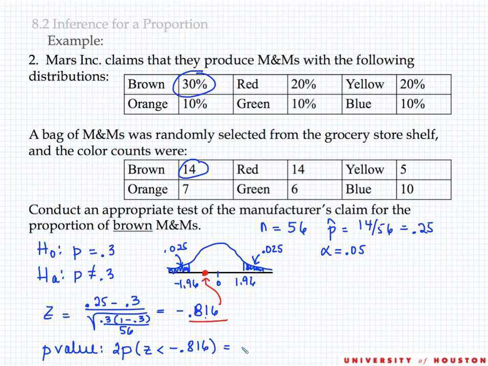So 2 times our normal CDF for this value would give me 0.4145, which is definitely greater than our alpha. So we will fail to reject our null hypothesis, which states that the population proportion of brown M&Ms is 30%.